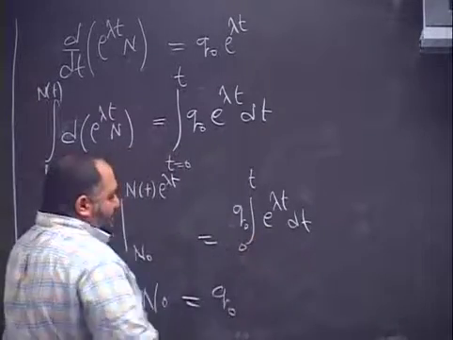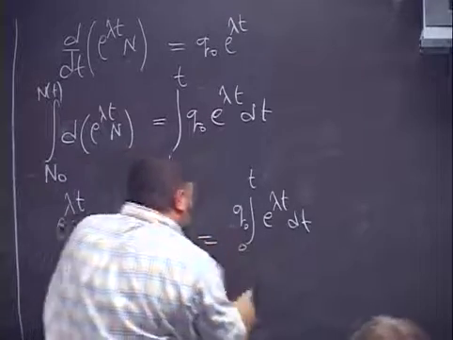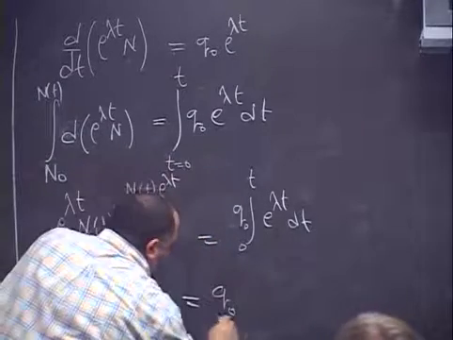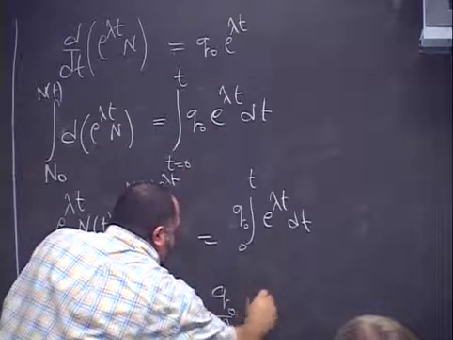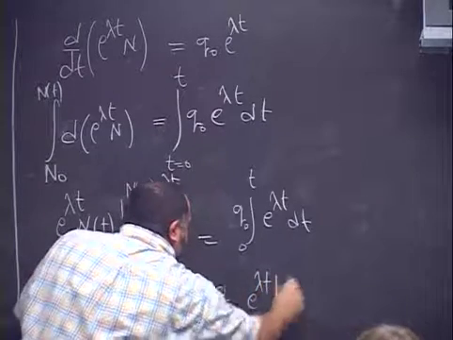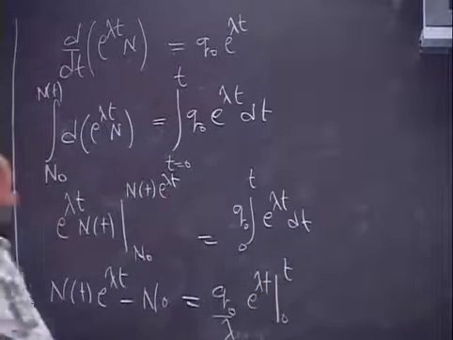Differentiation of what? The integration of this gives you Q naught, so it will give you lambda e to the power of lambda t from 0 to t.